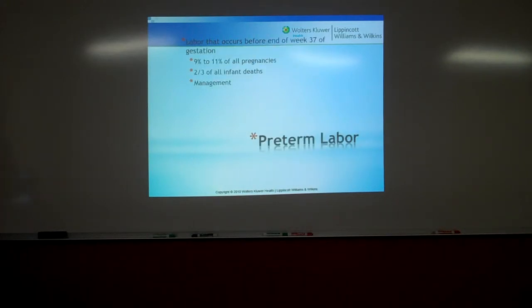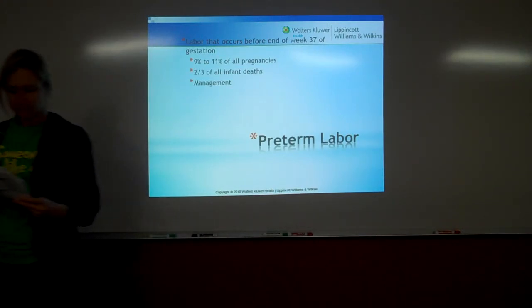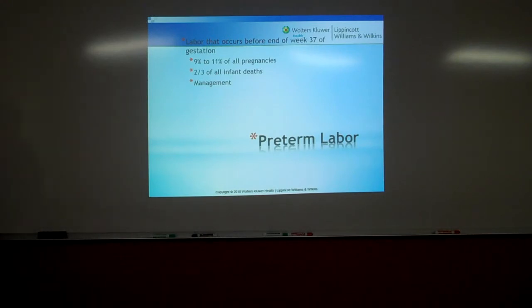Preterm labor is labor occurring before 37 weeks and 6 days. Know the risk factors for preterm labor. What can be done?